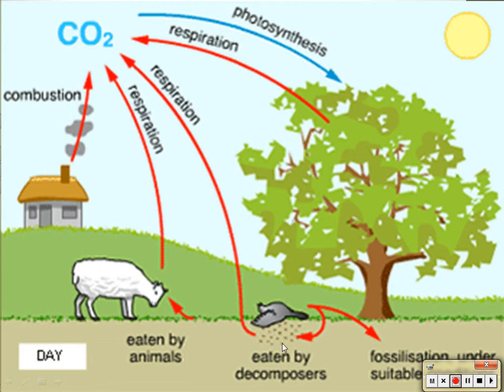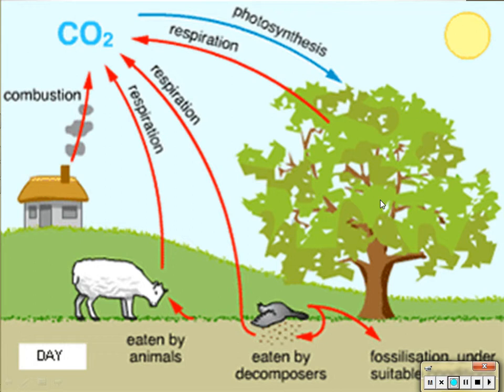If the carbohydrate in the plant isn't decomposed and it just gets fossilized, it turns into a fossil fuel under the right conditions. And because we're brilliant, what humans do is they take that fossil fuel and they'll burn it. We could also burn regular trees as well. That will turn the carbohydrate in the tree into CO2.